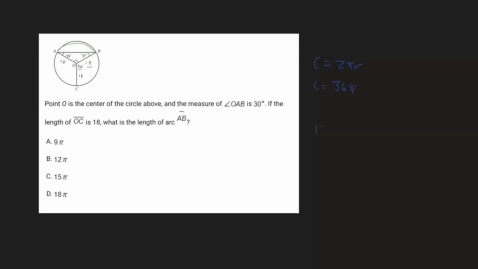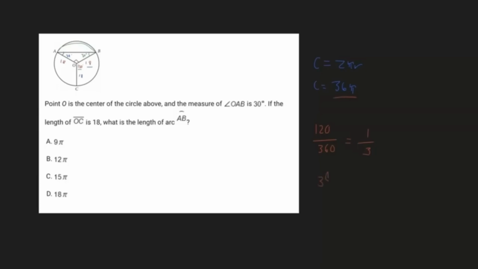So we have 120 degrees over 360. So that in reality is just 1/3, right? So what we want to do is take 1/3 of that circumference, which we know is 36 pi.